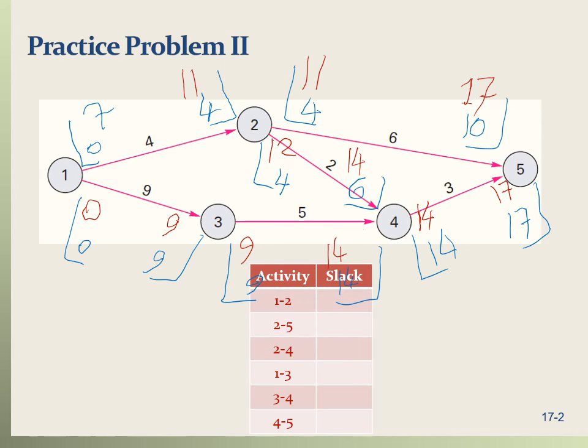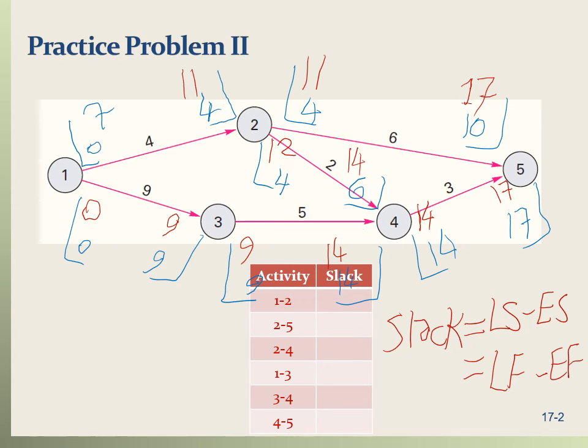Okay, so for activity 1 to 2, the slack actually is equal to late start minus early start, or late finish minus early finish.